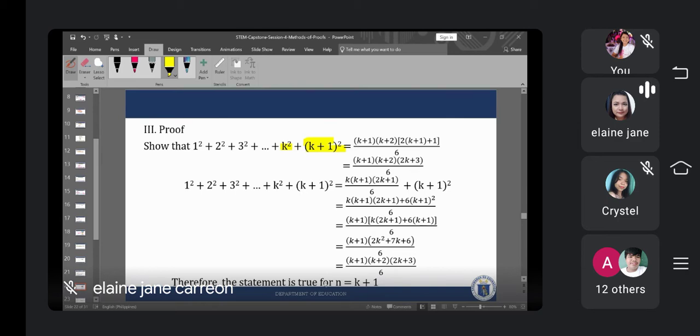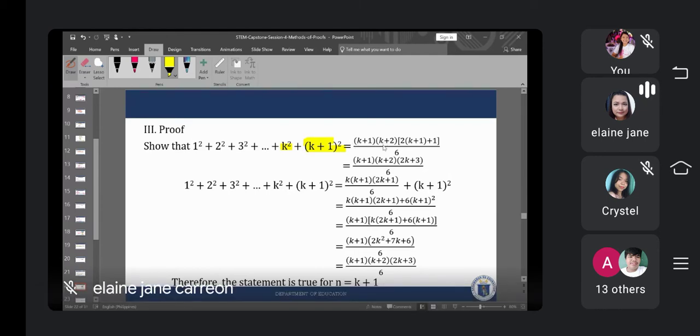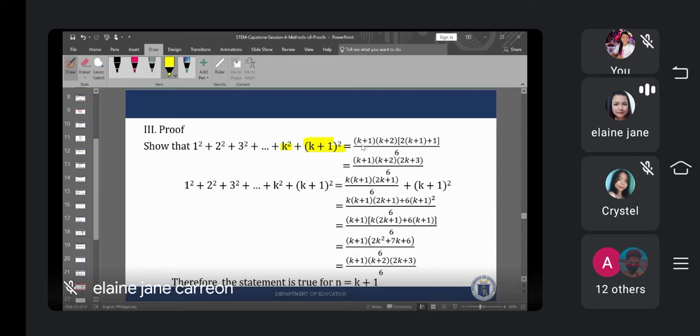So, we let, okay. So, our formula will be k plus 1 times k plus 2 times 2 times k plus 1 plus 1 over 6. Ma'am, anong ginawa mo? Paano nangyari yon?